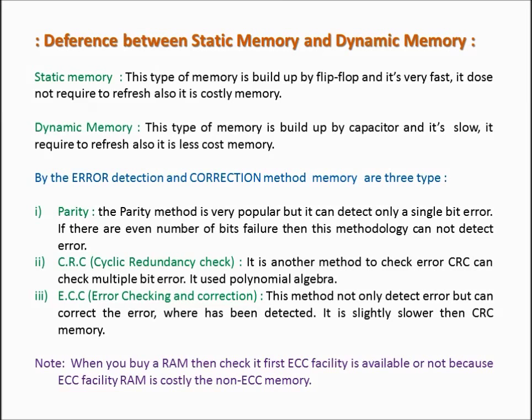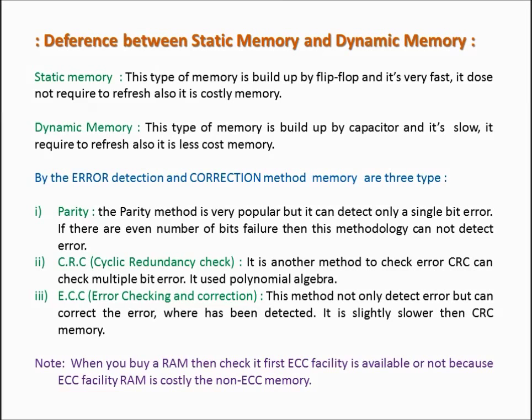Number 1, parity. The parity method is very popular but it can detect only a single bit error. If an even number of bits fail, then this method cannot detect the error. Number 2, CRC, cyclic redundancy check. It is another method to check errors. CRC can check multiple bit errors. It uses polynomial algebra.